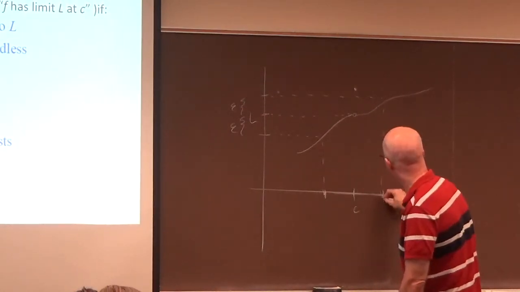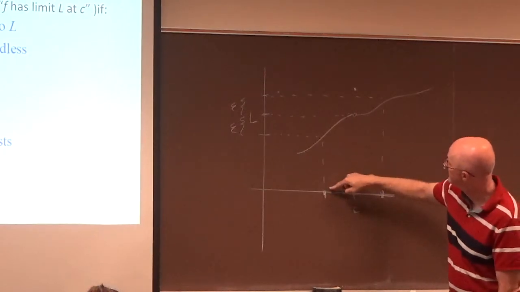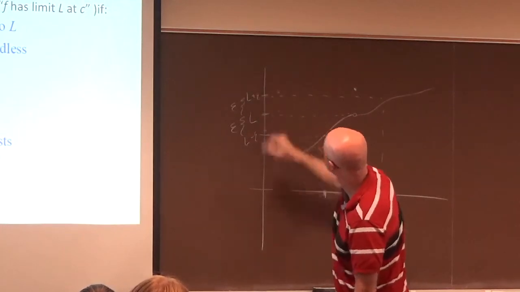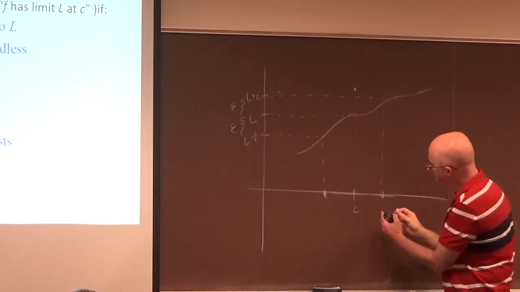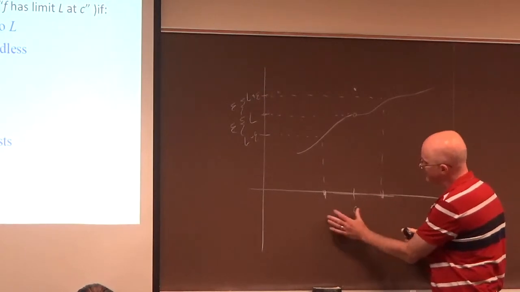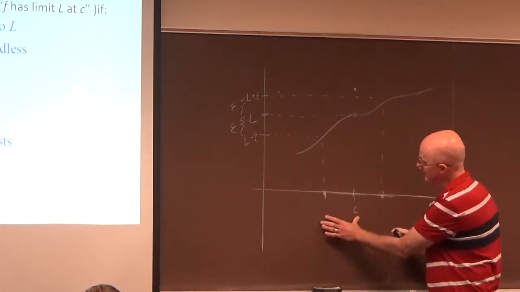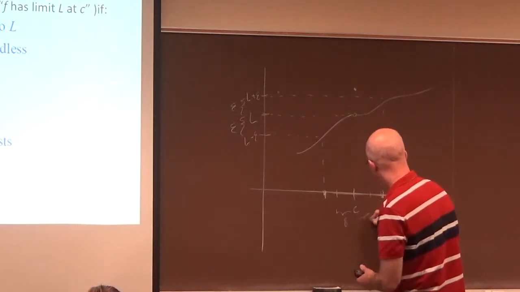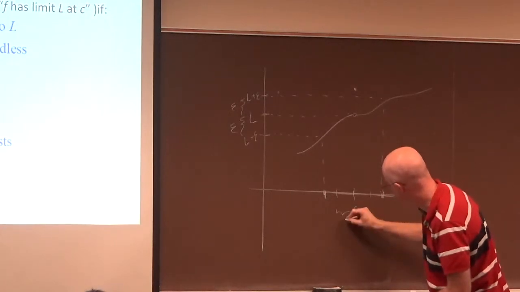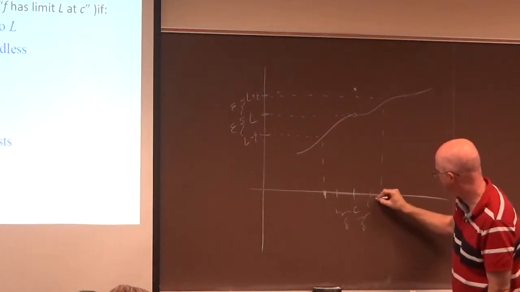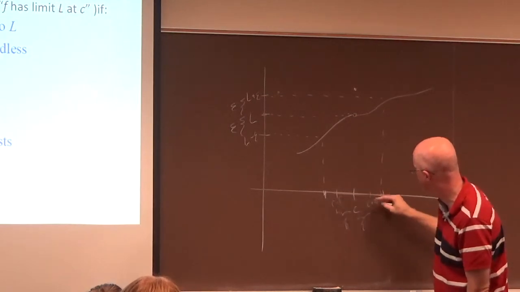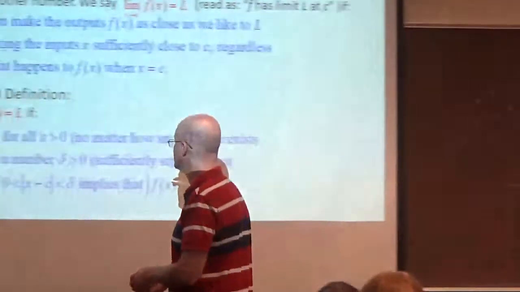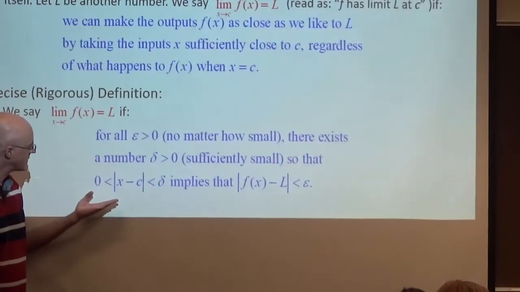These two numbers here and here are the numbers whose outputs are L minus epsilon and L plus epsilon. So as long as I pick delta to be smaller than the distance between both of those numbers and c, it should work. For example, I can pick delta to be this distance right here. Delta there. This would be c plus delta right here, and this would be c minus delta over here. If I choose delta in this way, then this last line will be true.